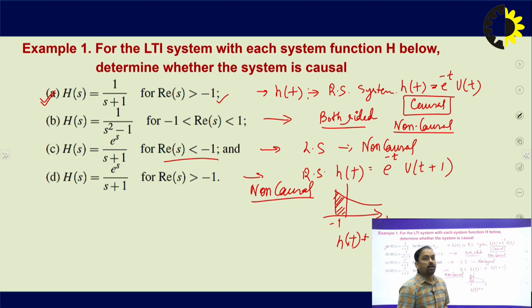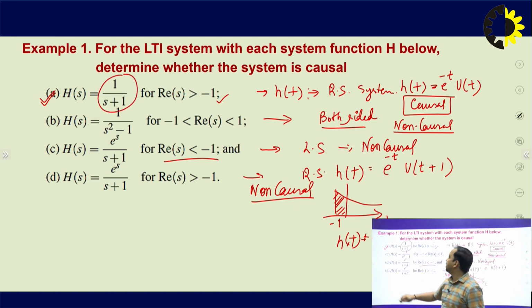So only one transfer function is given, H(s) equal to 1 by s plus 1 for real part of s greater than minus 1, is causal, and the remaining three are non-causal.